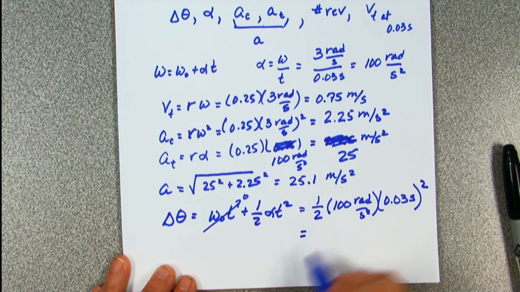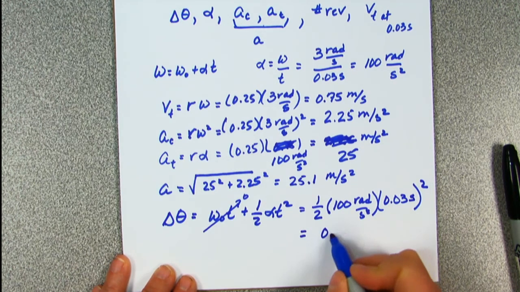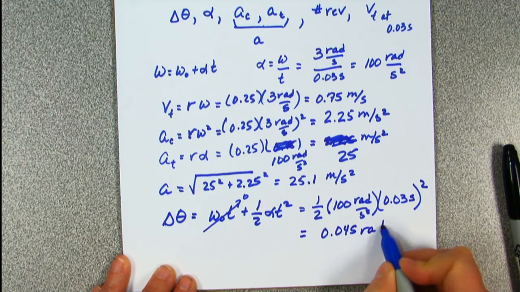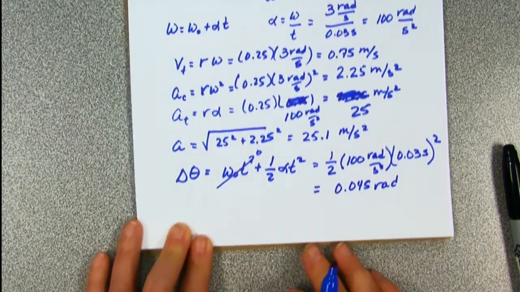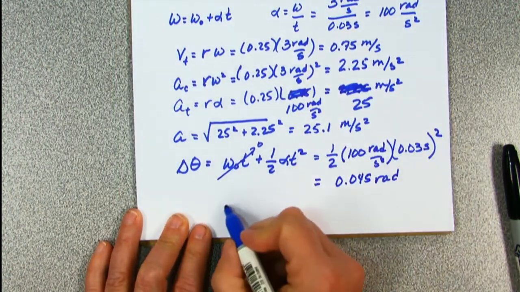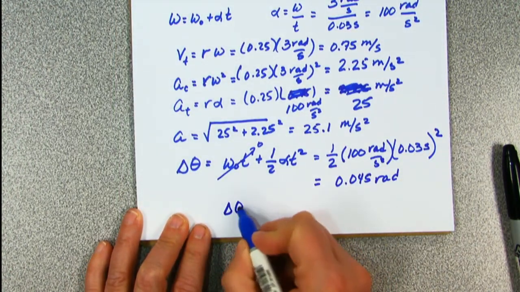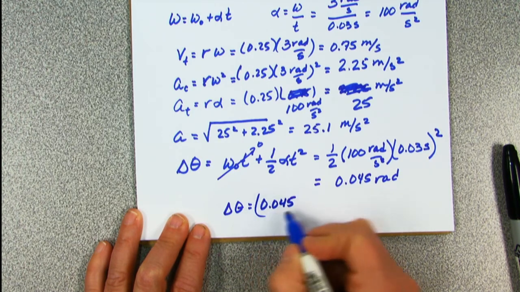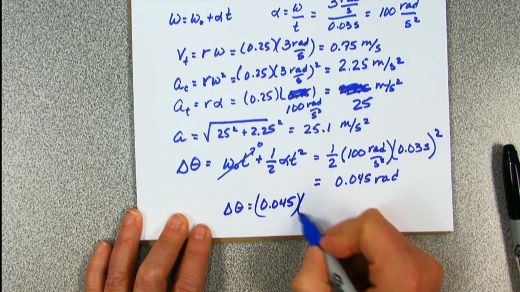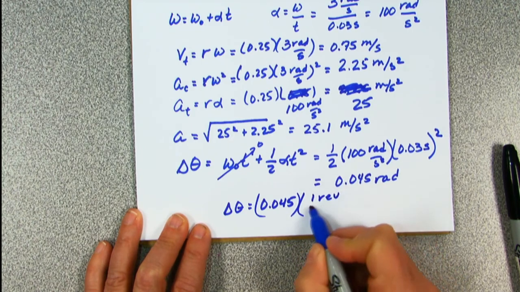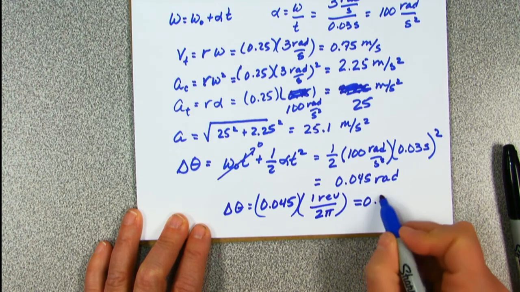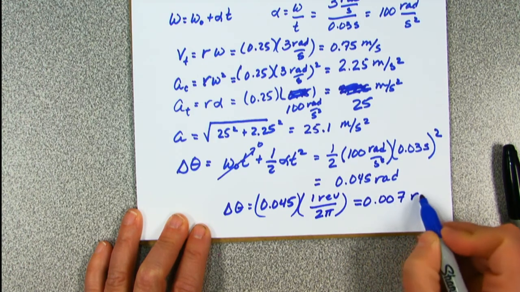And that gives me 0.045 radians. And if I want it in terms of revolutions, the change in angle, 0.045, 1 revolution per 2 pi, and that gives me 0.007 revolutions.